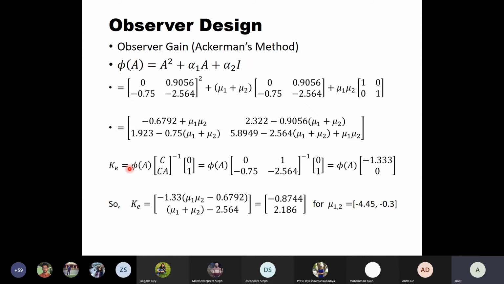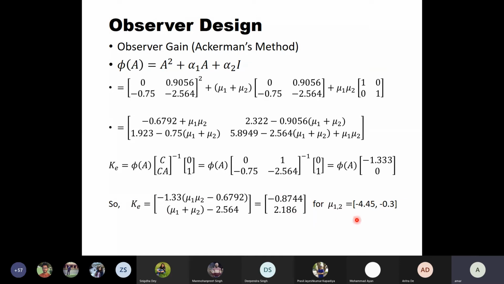And Ke I will find using Ackermann's formula, phi A times the inverse of the observability matrix times 0, 1. So the phi A expression is already known to us, and the observability matrix is this one. So I will get phi A multiplied by minus 1.33, 0, this vector, and finally I will get these Ke expressions. Now if we put mu1, mu2 equal to minus 4.45 and minus 0.3, then I will get this value.